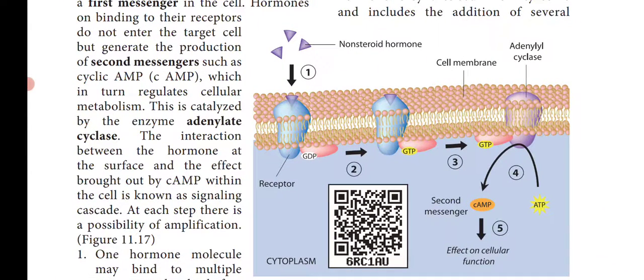This is catalyzed by the enzyme adenylate cyclase. The interaction between the hormone at the surface and the effect brought about by the cAMP within the cell is known as the signaling cascade, and at each step there is a possibility of amplification.